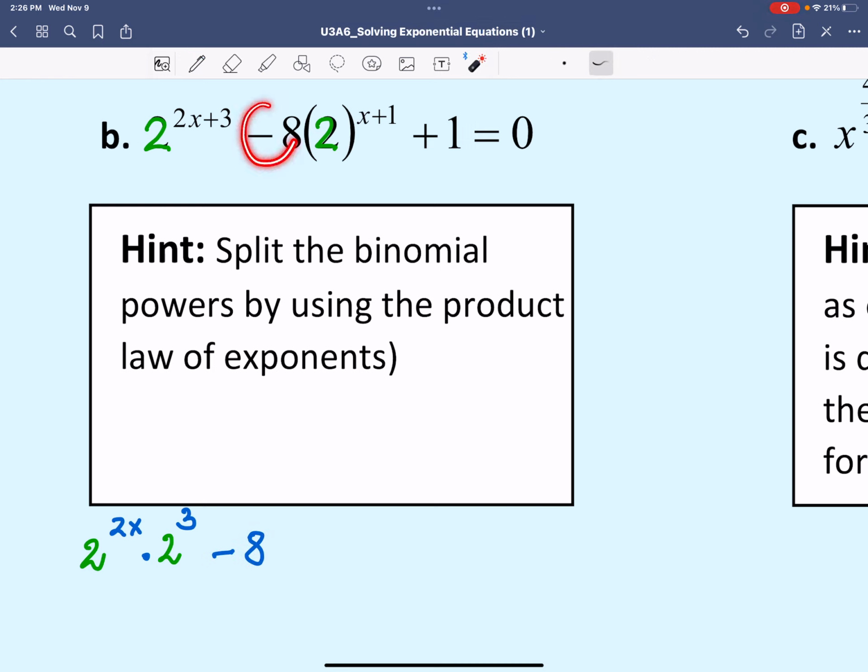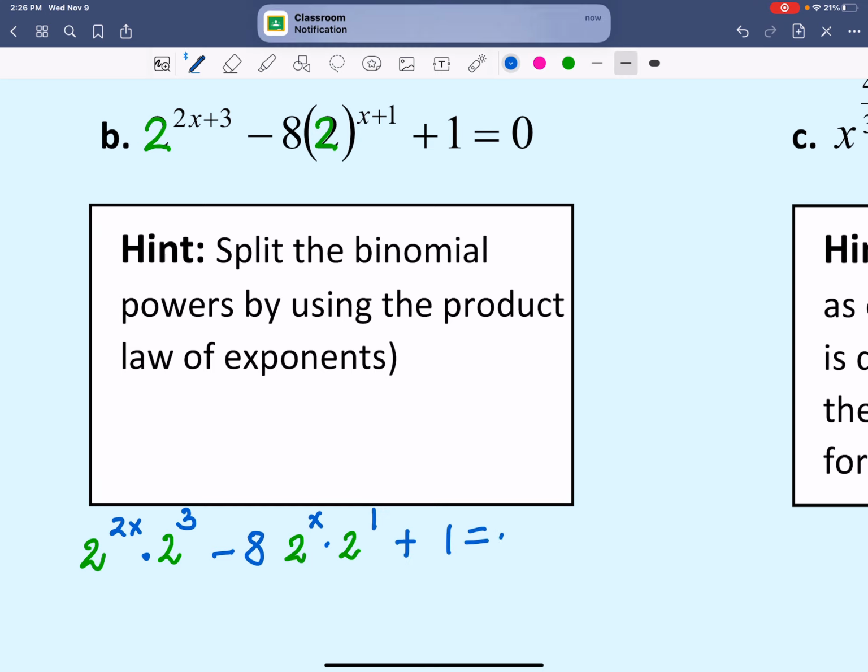So this minus 8 we see in here. And again, we have 2 to the power of x plus 1, so that will be 2 to the power of x times 2 to the power of 1. So the power x plus 1 has come from the multiplication of 2 to the x times 2 to the power of 1. And then at the end, we have plus 1 in here and equals 0.